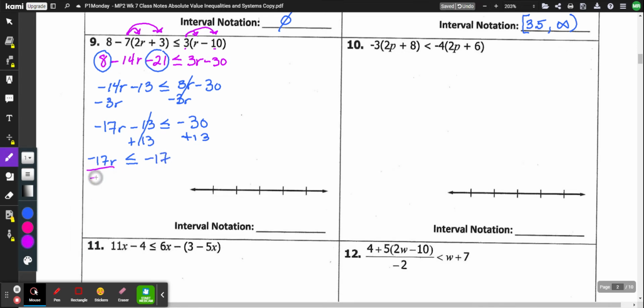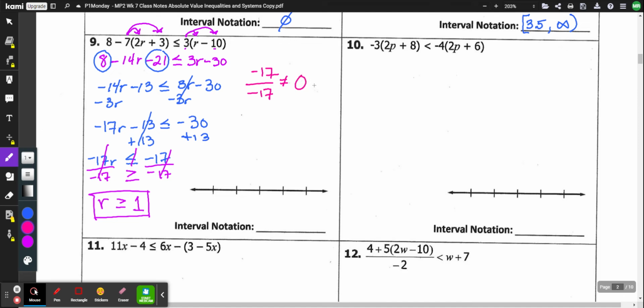We're going to divide by negative 17. Remember, when we divide or multiply by negative numbers, we switch the inequality symbol. Those cancel, those cancel, and I'm going to be left with r greater than or equal to 1. Remember, any number divided by itself does not equal 0; any number divided by itself equals 1.